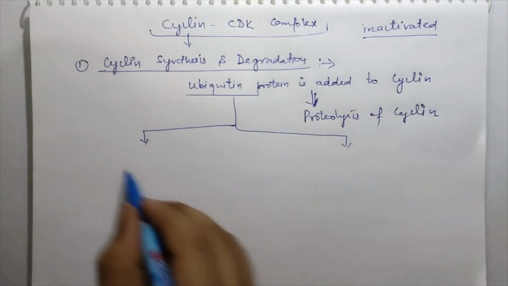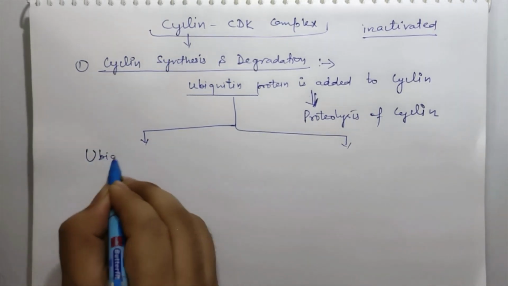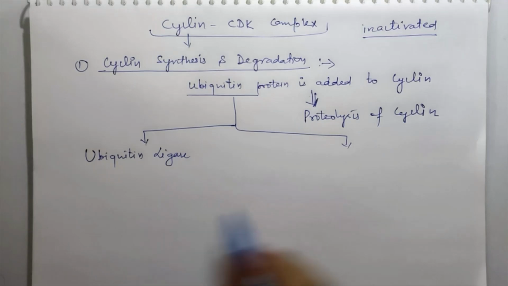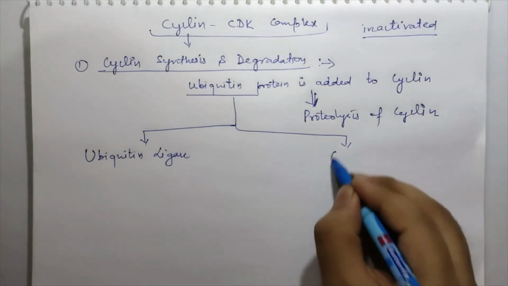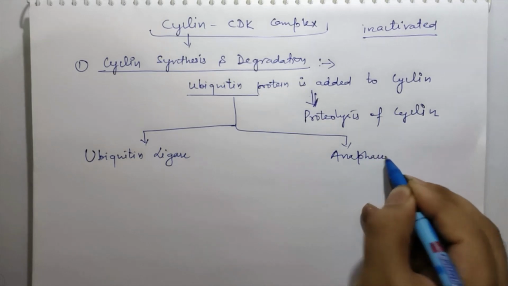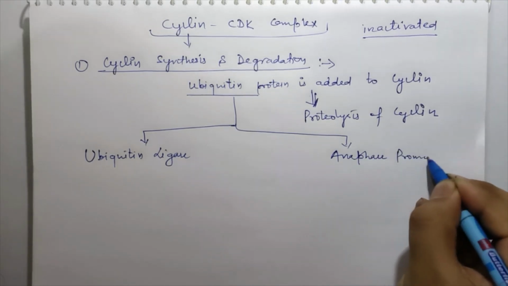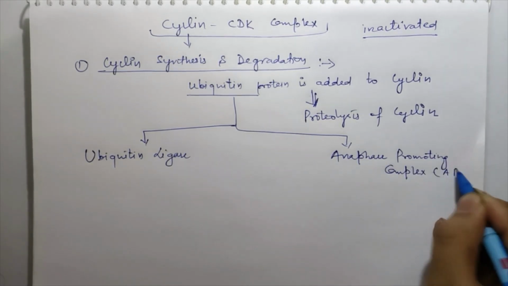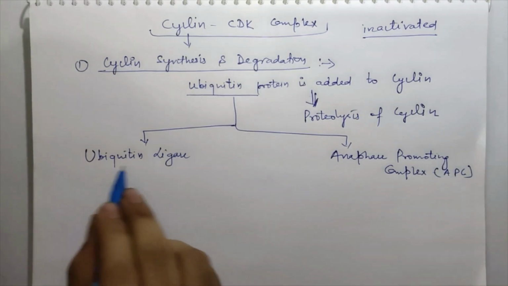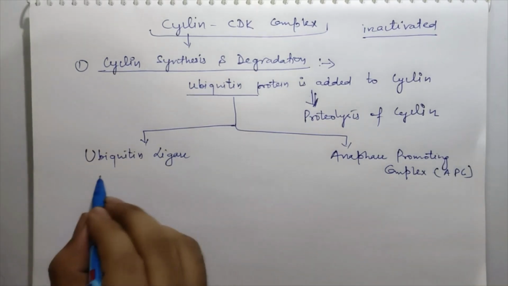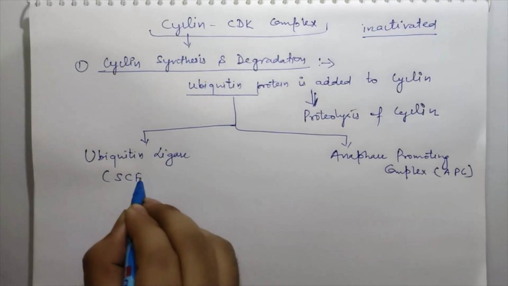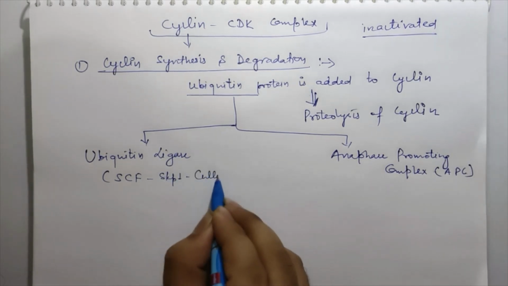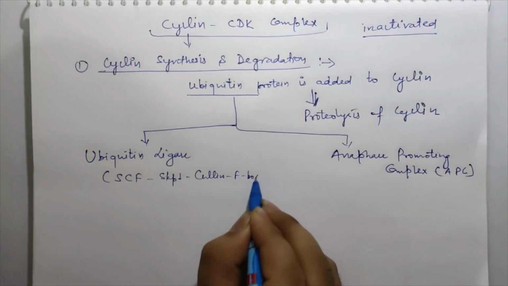One is called ubiquitin ligase, SCF, which stands for SKP1 Cullin F box, and the other one is the anaphase promoting complex, that is APC.